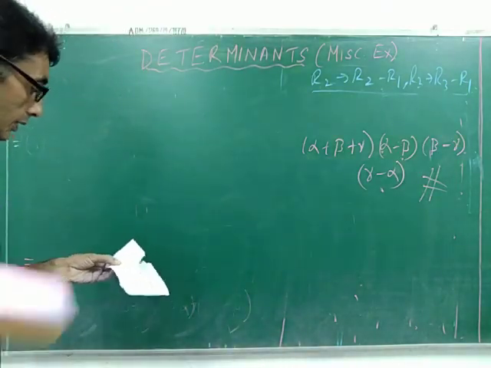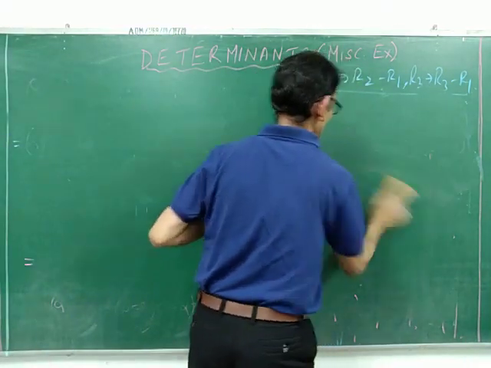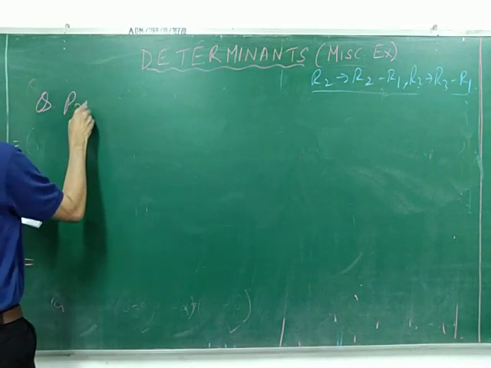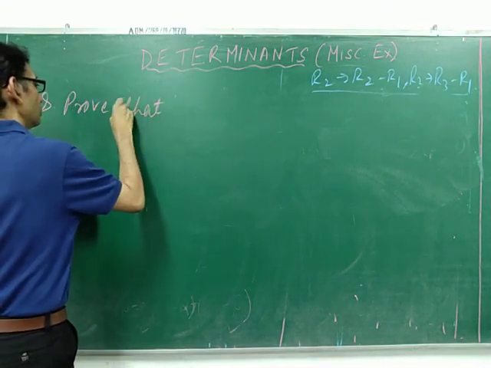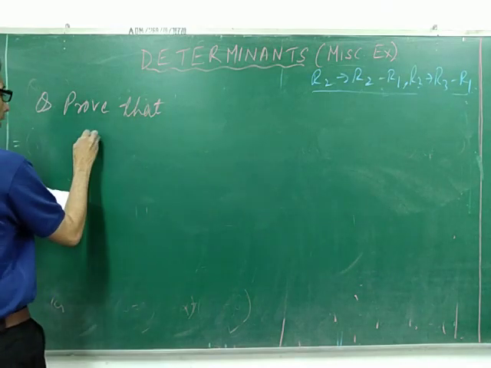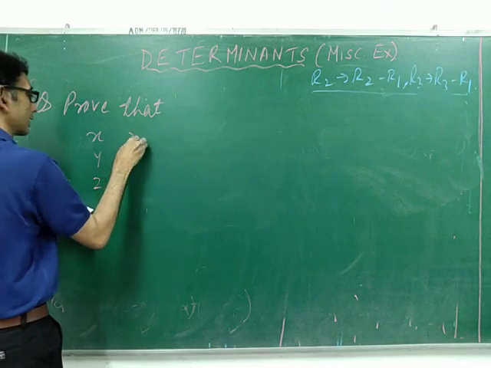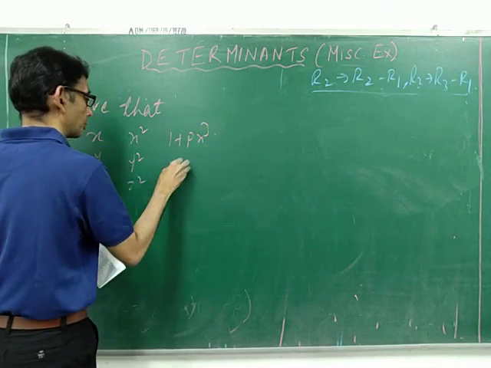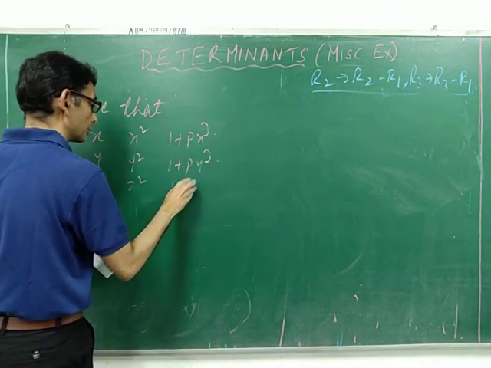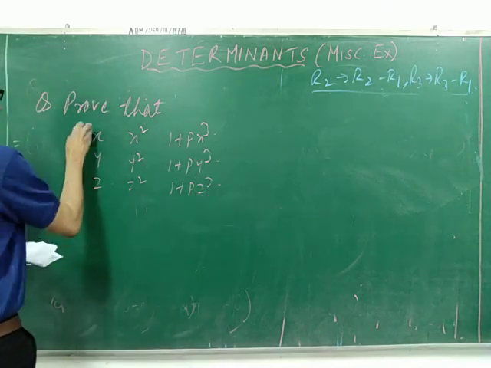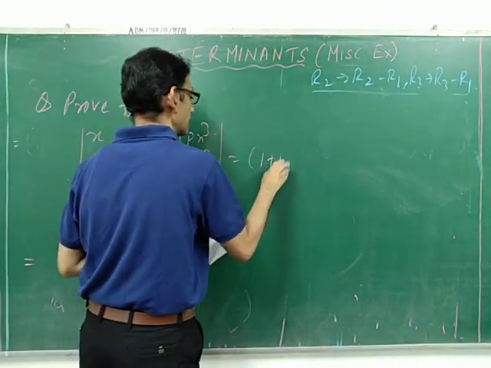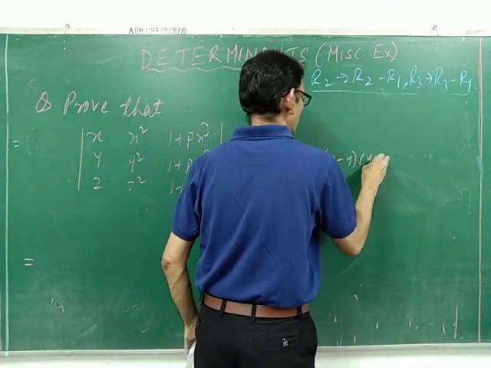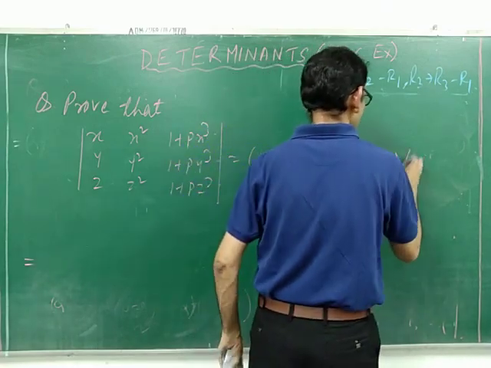One question is this: prove that the determinant with rows x, y, z; x squared, y squared, z squared; 1 plus p x cubed, 1 plus p y cubed, 1 plus p z cubed equals 1 plus p x y z times x minus y, y minus z, and z minus x.